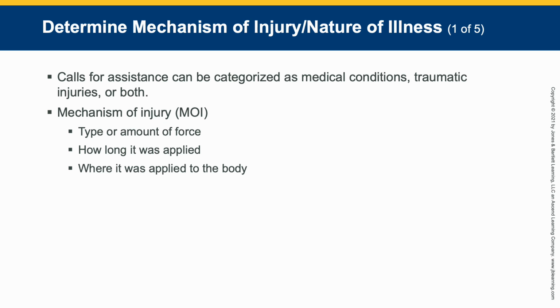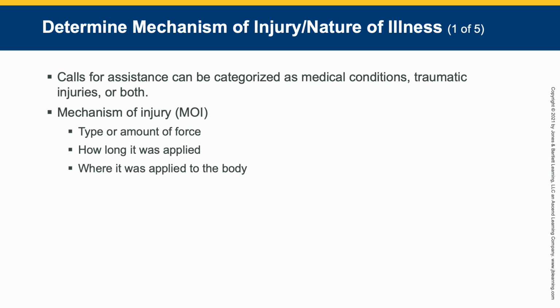Understanding the type, amount, and direction of force is going to help us predict what kinds of internal injuries may be present. For example, if someone fell from a ladder and landed on their feet, right, we might expect injuries to the feet and ankles, but also possible damage to the spine and pelvis from that upward energy transfer.